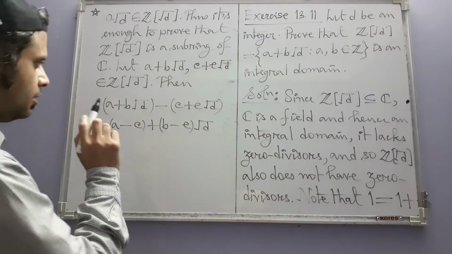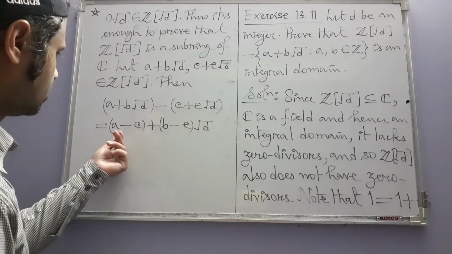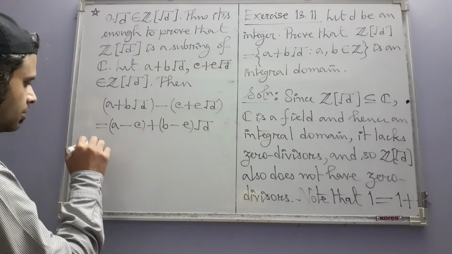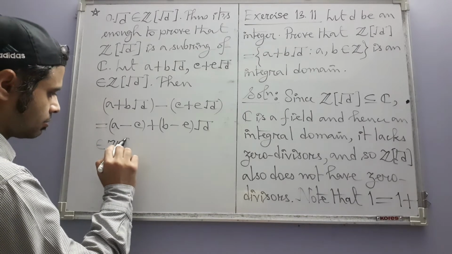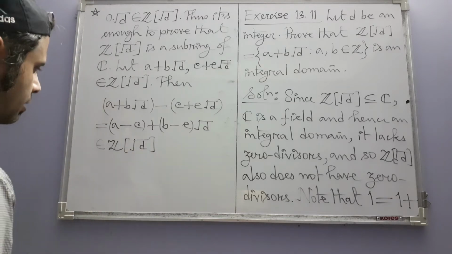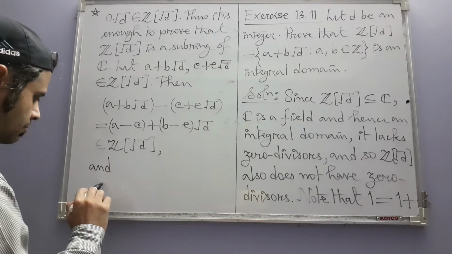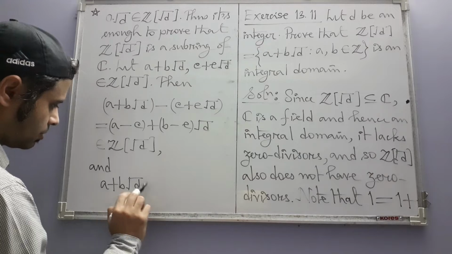Because a, c, b, e are all integers, these differences a minus c and b minus e are also integers, and so this again belongs to our set. And what about the product?